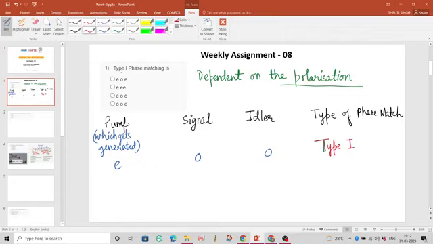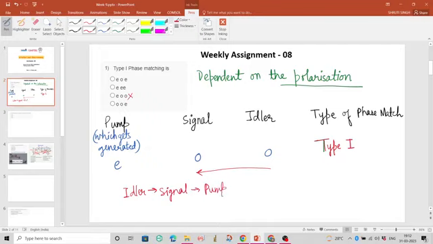So our question says type 1 phase matching is EEO, EOO. So you will think it is this one because it says EOO, but no, this one will be the wrong answer because the type is read from this side. We will read from here to here. Idler is read first, then signal, and then the pump.